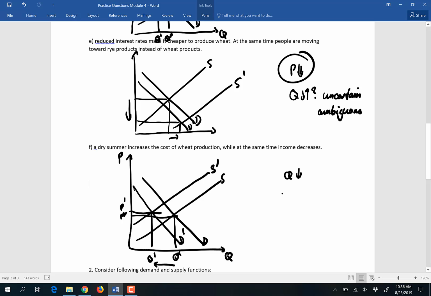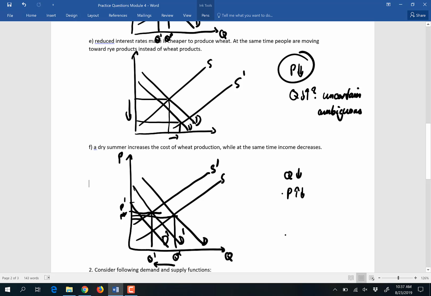Price is a little bit more ambiguous because it depends on how much these functions shift. For example, what I have drawn right here is that price actually went up. But I could easily draw this differently. For example, if I drew the demand function over here, then the new equilibrium would be down here, in which case price would have gone down.